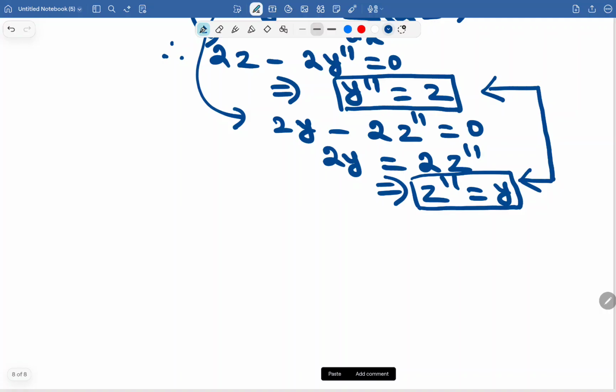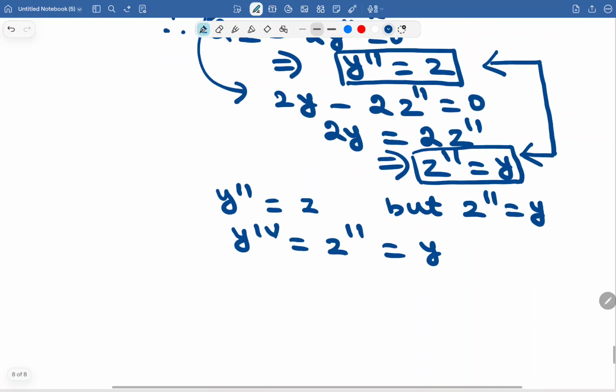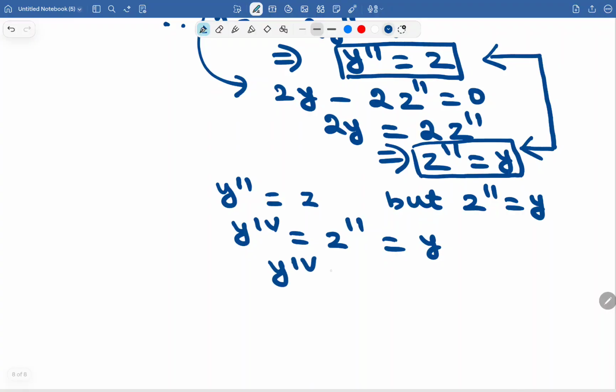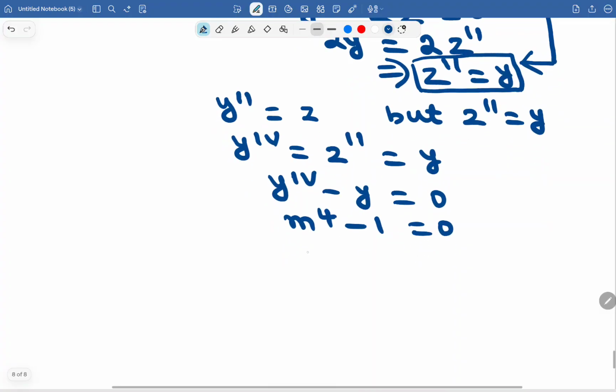These two are second order differential equations. y double dash equal to z, but z double dash equal to y. So y power 4 equal to z double dash, which is equal to y. y power 4 minus y equal to 0. Auxiliary equation m power 4 minus 1 equal to 0.